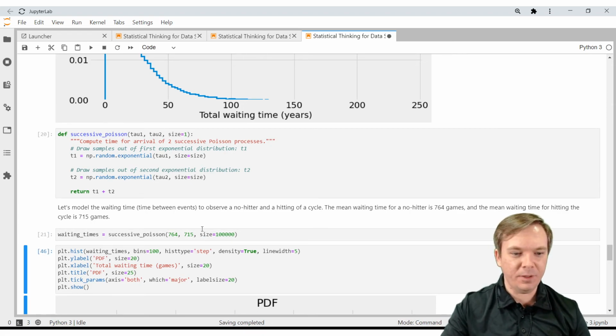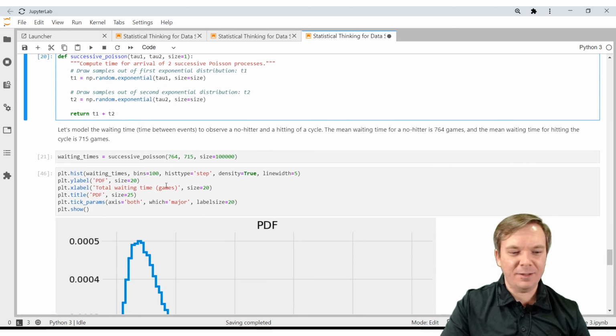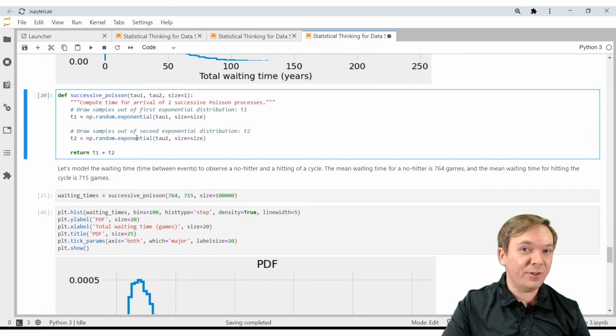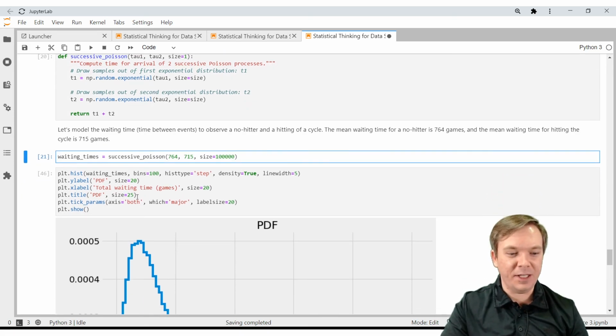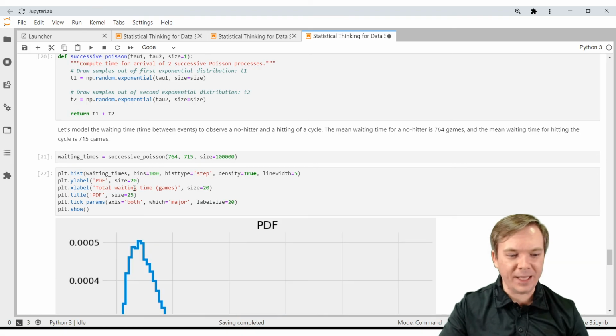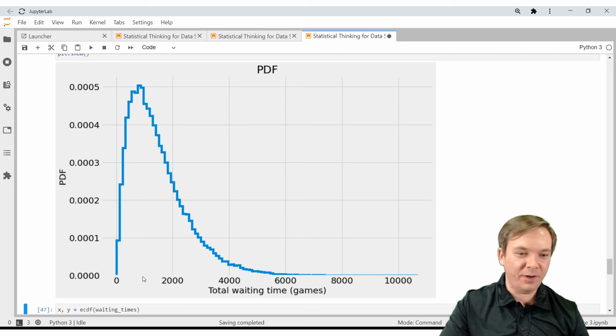So you can actually use this function right here. This is kind of an extra thing that's not really super useful in this particular class, but it's just to give you an illustration. And we can actually measure the waiting times between these two things. You can see that we're in thousands of games now because it's very, very uncommon.